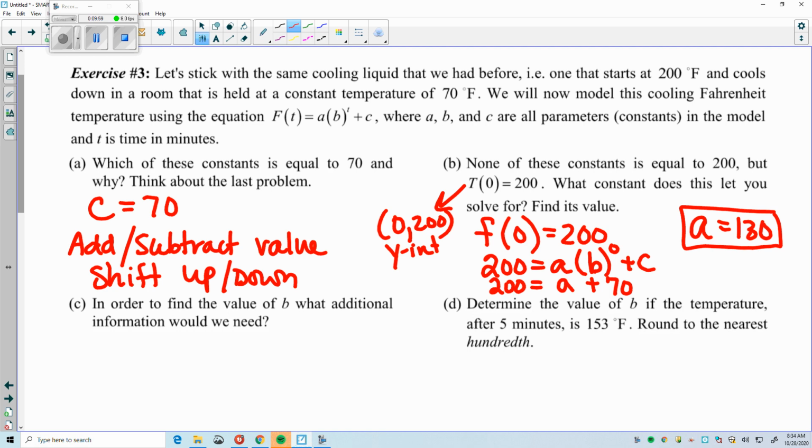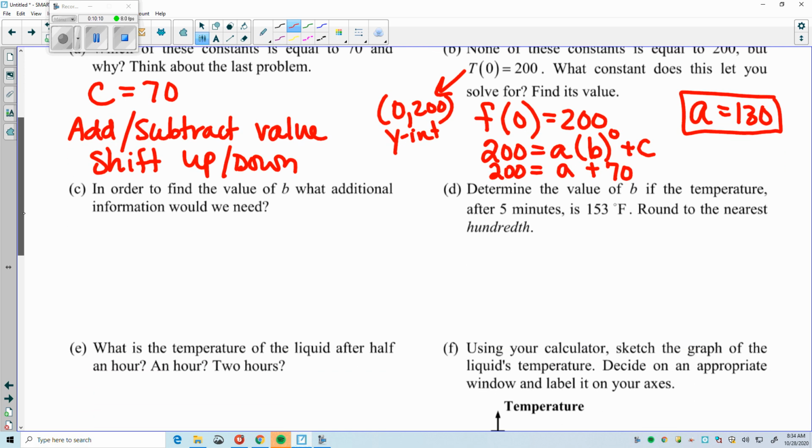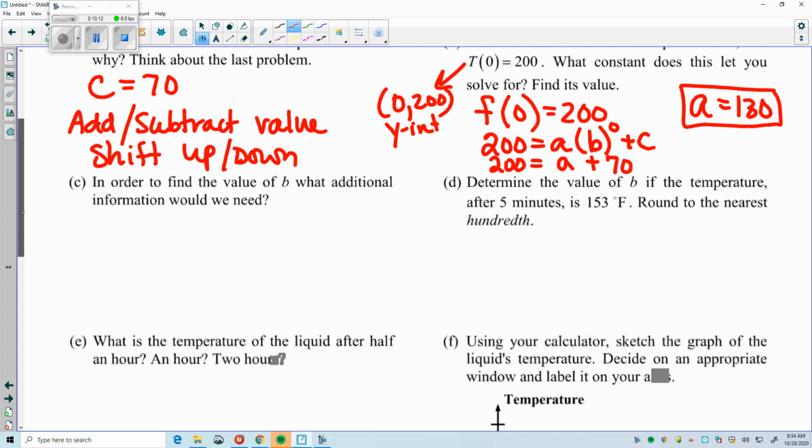So in order to find the value of B, what else would we need? Because we already have A, we solved for A, we know what C is, that's our shift up or down. So in order to find B, okay, we need some additional information. So we know A and C, right? Let's get down what we know. We know A is 130.